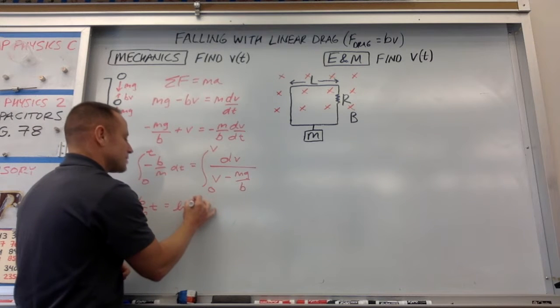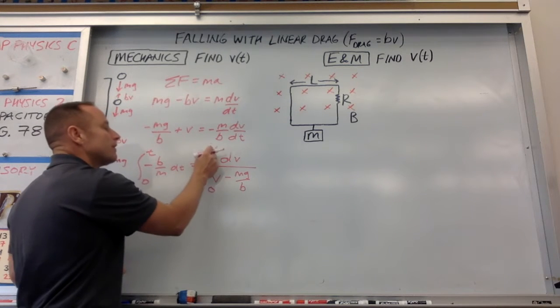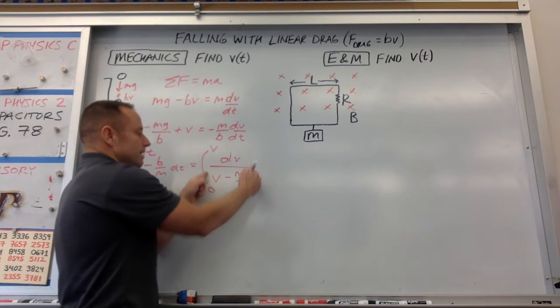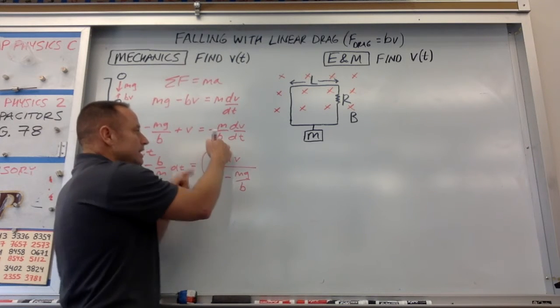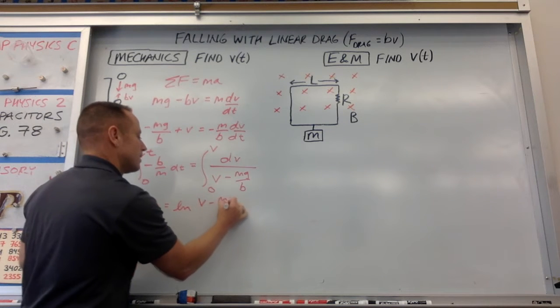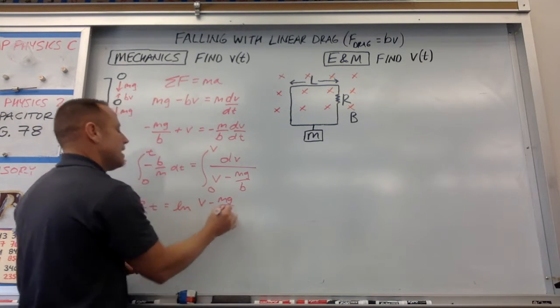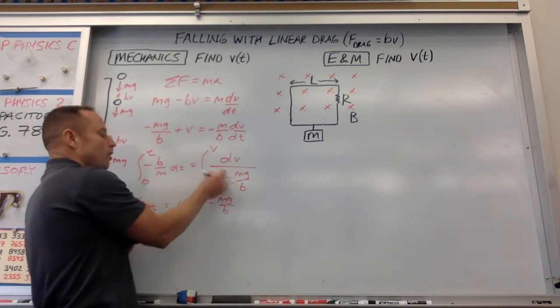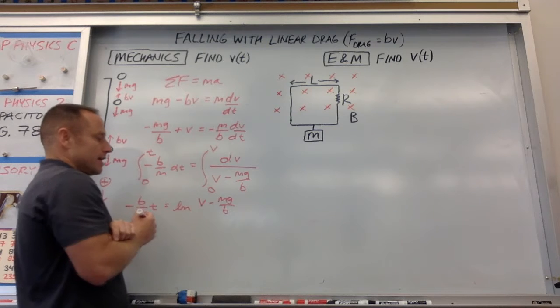But what you have to do is plug in the two limits. So it's going to be log of v minus mg over b, with v plugged in as the limit, and then minus log of this thing with 0 plugged in for v.